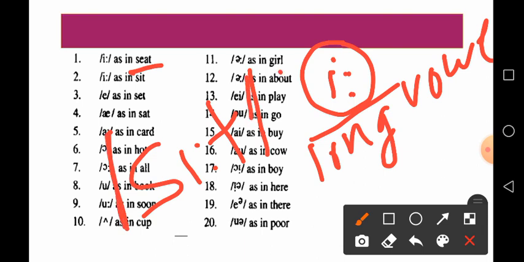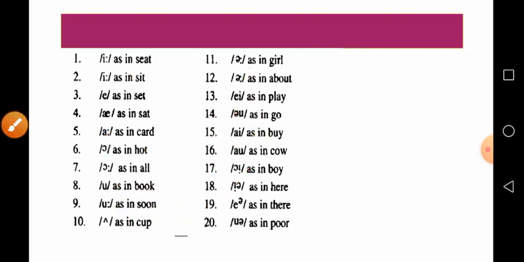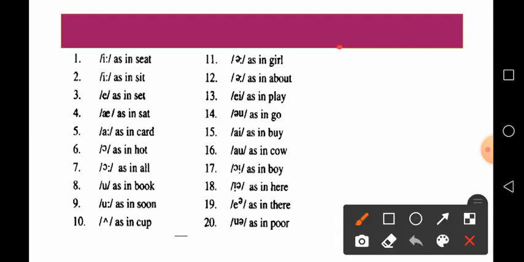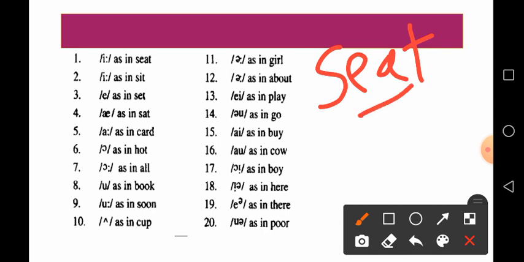So, in the word seat, S-E-A-T, the word is pronounced C-E and then T. First C, then E and then T. So, E, when a colon is put, is pronounced with a little stress.